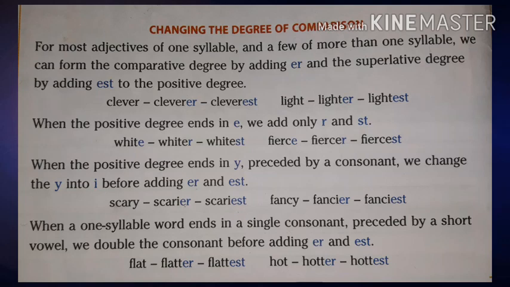A syllable is a part of a word that contains a single vowel sound and is pronounced as a unit. So, to identify whether the given adjective is of one syllable or more than one syllable, we have to check the vowels in that word.